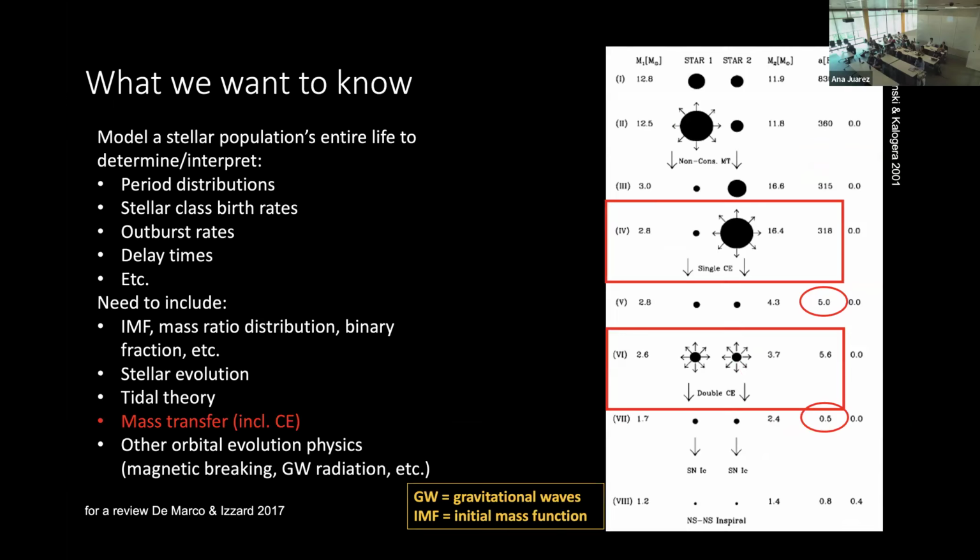Well, the people that really stand to benefit the most are those who are modeling full populations of binaries in a galaxy, let's say. What they are interested in is explaining all manners of things: period distributions of binary classes, birth rates of binaries, outburst rates, delay times, that's the time between star formation and supernova.